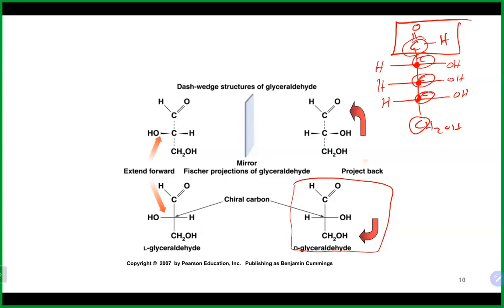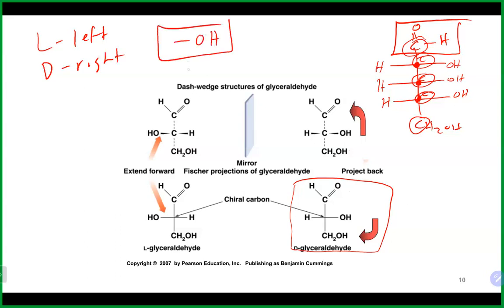So this is glyceraldehyde, and one is L and one is D. What L and D, as we will see, basically represents is L for left, D for right. What we're talking about is the last OH group at the last chiral carbon away from the organic group that's on top.